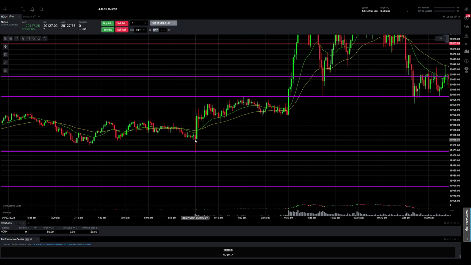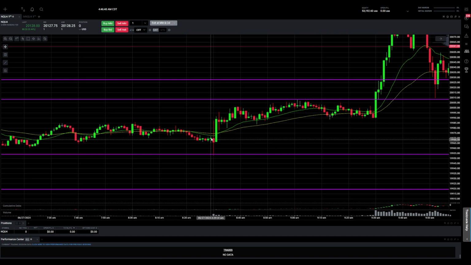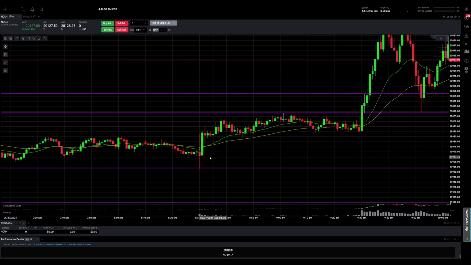As you can see, this candle by itself means that there's a combination of buyers and sellers who are trying to find a direction. This is considered a bear candle, and the one next to it is considered a bull candle.